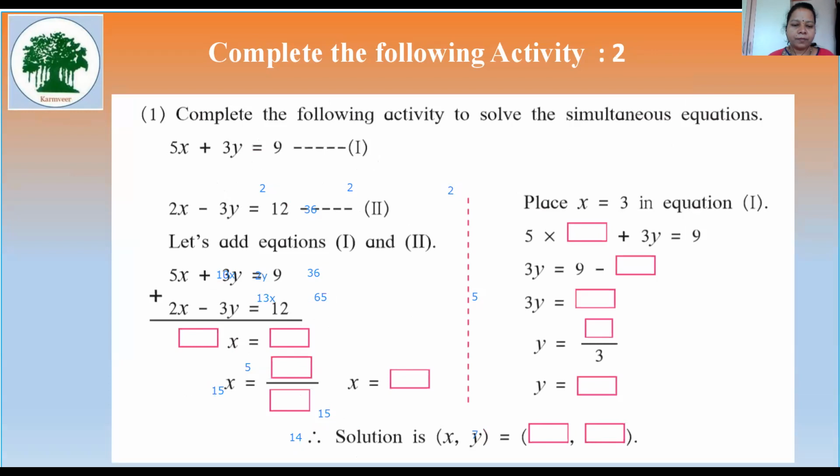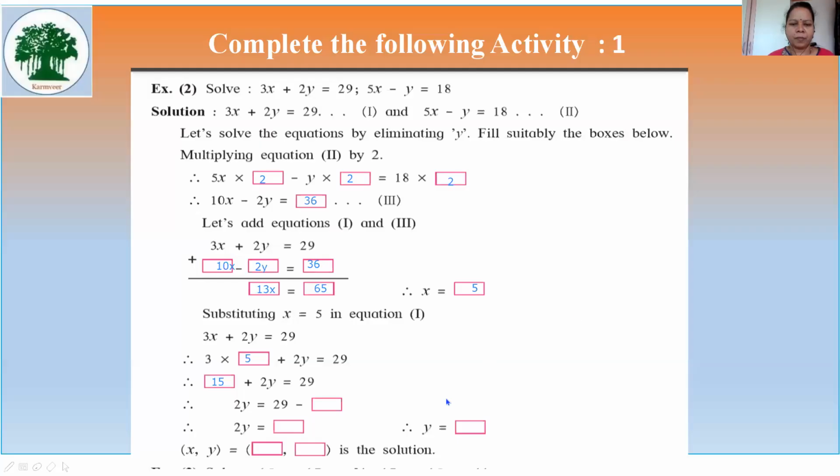So we get the equation 15 plus 2y is equal to 29.